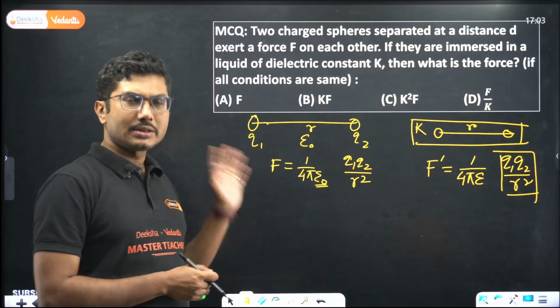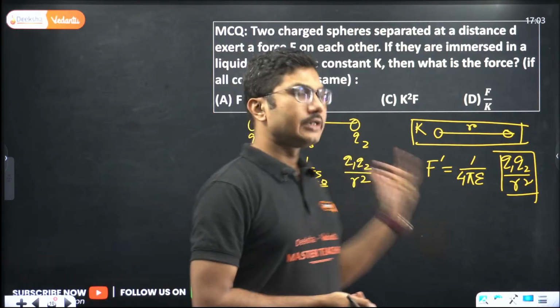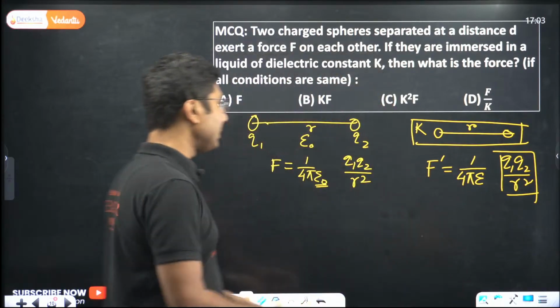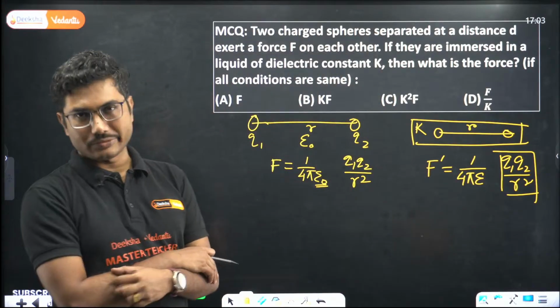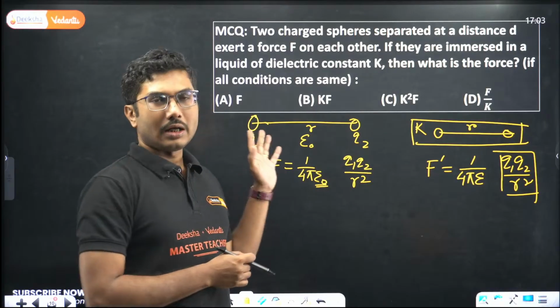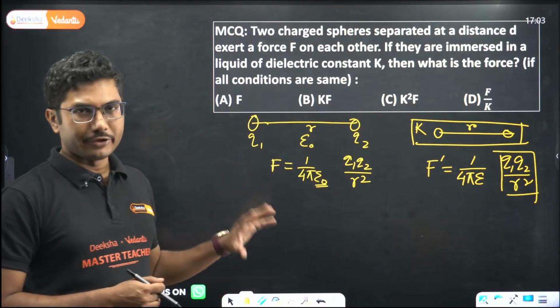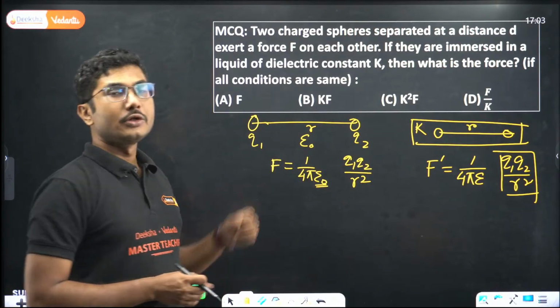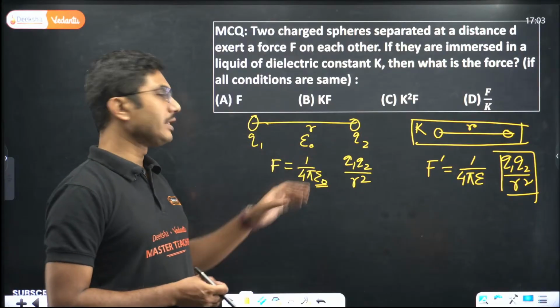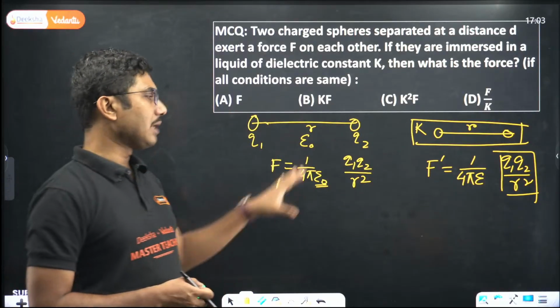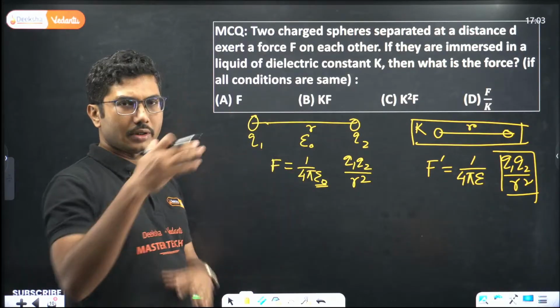In the past, when the CGS unit of charge was used, they tried to make this proportionality constant equal to 1 as well. But in the SI system, when they realized the CGS unit would not work, they had to define a new unit, and there they found that the constant cannot be 1, it will be 1 by 4 pi epsilon naught. So that's how everything progressed.